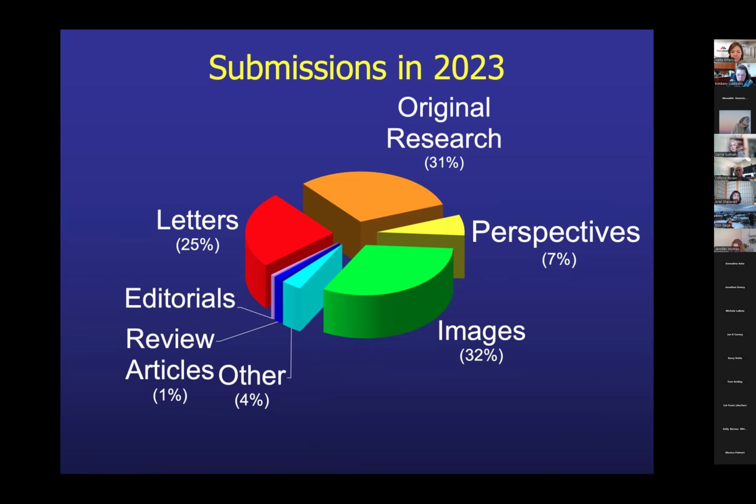Thousands and thousands of people send in their images hoping to get published, and it's very, very hard to get in the images. You really have to have a really imaginative picture that nobody else has gotten of a disease or a condition or a disorder.